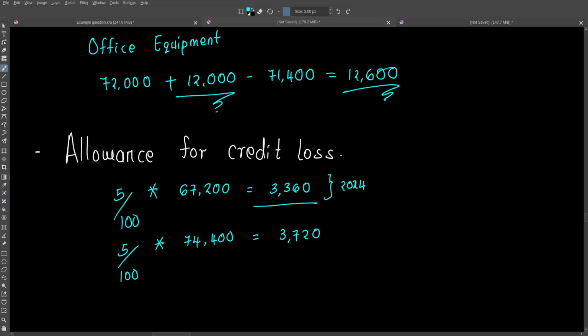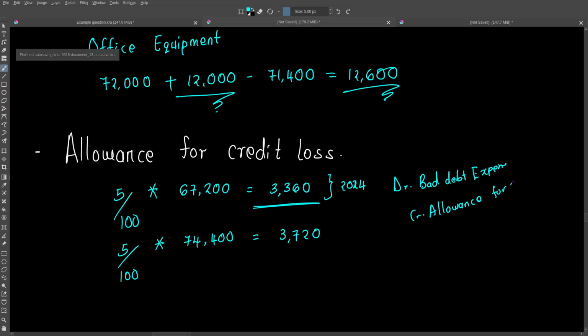allowed for. And you can see there isn't anywhere we are seeing a bad debt expense happening from the information given, okay? So there is still this allowance, okay, during the period where they debited bad debt expense, okay, and credited the allowance, which now is a contra asset account that will reduce this receivables account, okay, allowance for credit loss, okay.